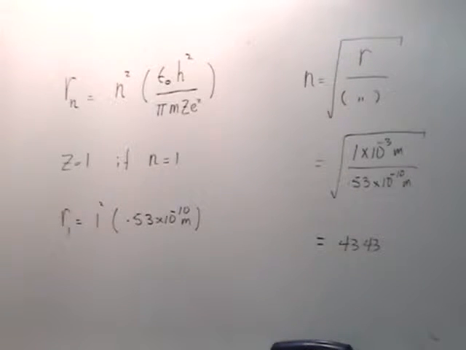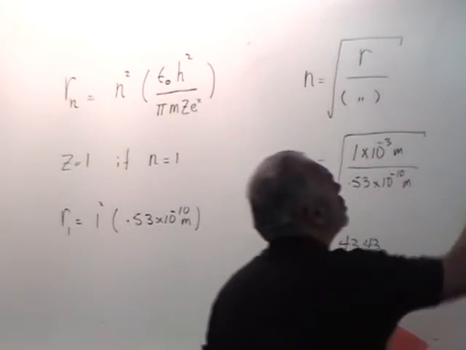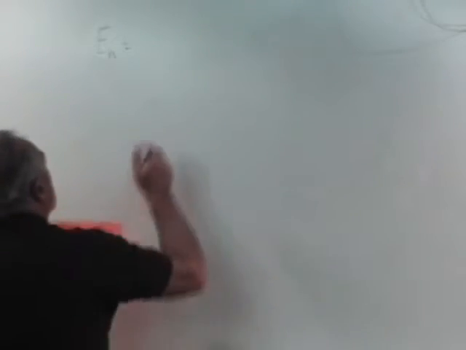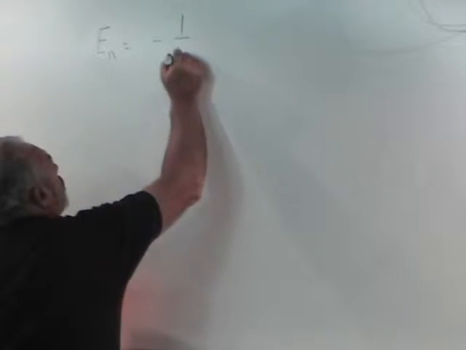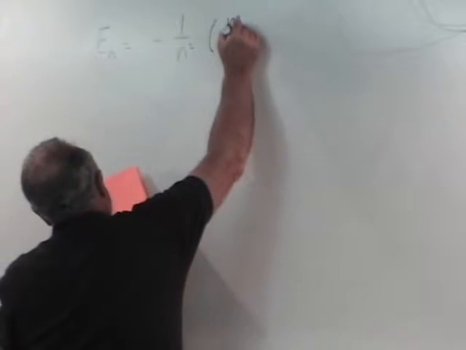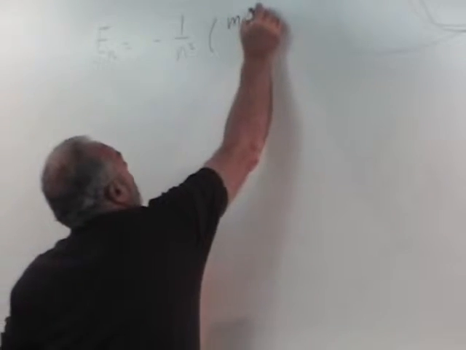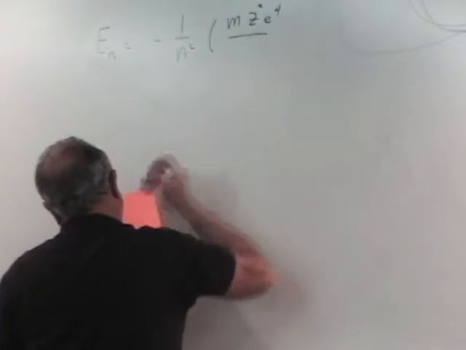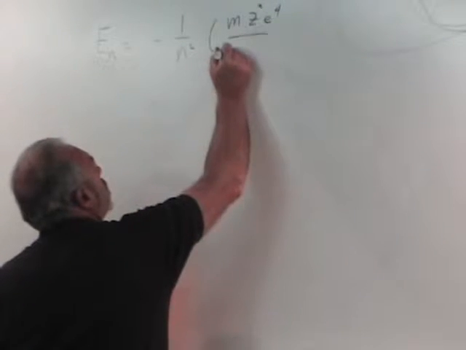Now the next part of the question read, what's the energy of an atom in this state? Well, the energy is given by E sub n equals minus 1 over n squared times m z squared e to the 4th divided by 8 epsilon naught squared h squared.